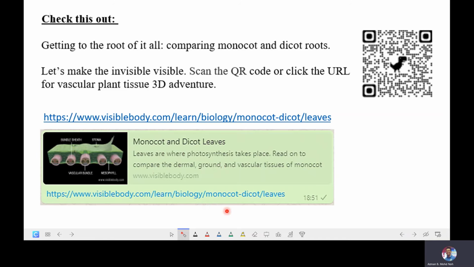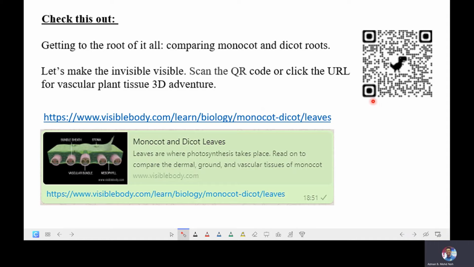Okay, hopefully you can try to scan this QR code, in which you'll be able to see this particular 3D app.